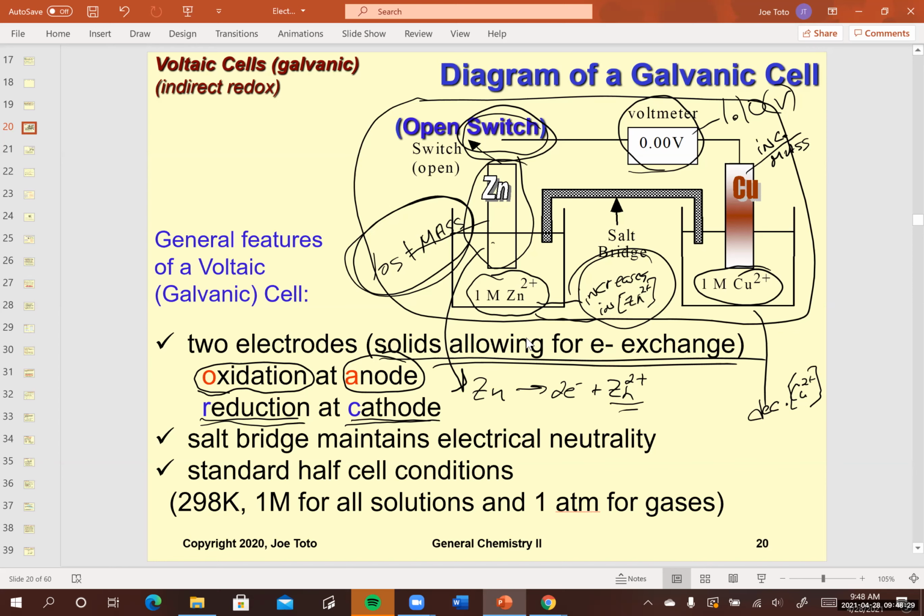It's gaining copper. So how can we explain the decrease in concentration? The reaction taking place over here is the copper 2 plus ion in the solution coming up to the copper electrode. It grabs 2 electrons and plates out as copper solid.